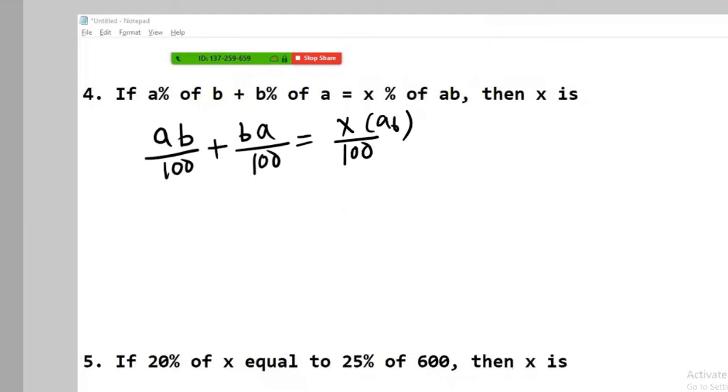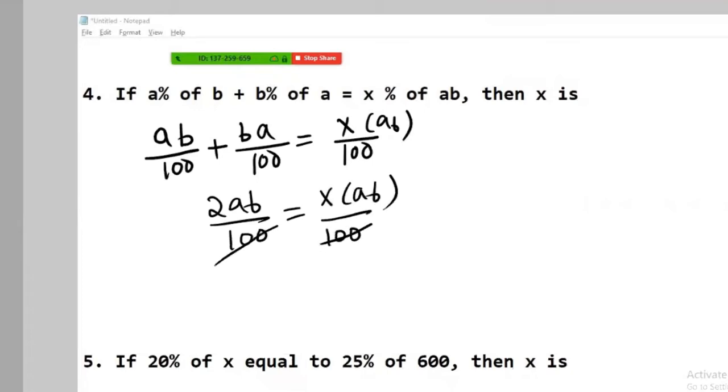Here LCM is 100, so 100 will get cancelled. This is going to be 2AB by 100, which is equals to X into AB by 100. So 100, 100 get cancelled.